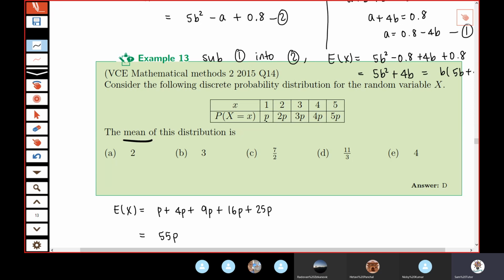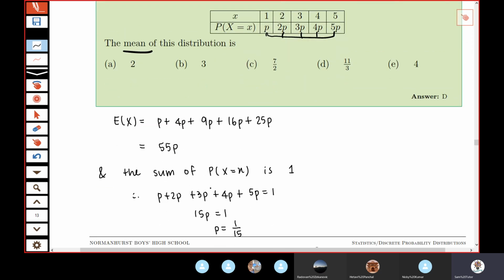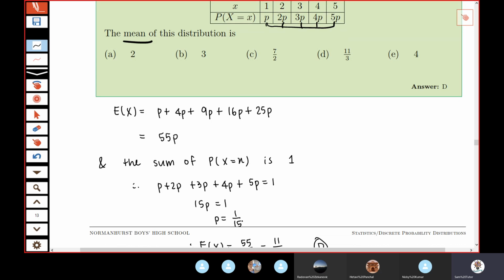What's the way of me finding P? Making it equal to 1? Yeah, making these 5 equal to 1. So P plus 2P plus 3P plus 4P plus 5P must equal 1. That's something you know. So P equals 1/15.